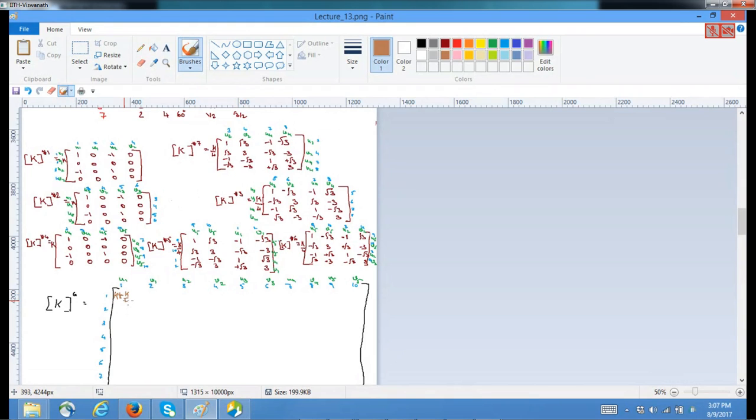Let me take k outside from all the things, so that makes my life easier. So this is 1 plus 1 by 4. I will take 4 also outside as common, so it makes my life even easier. So this will become 4 plus 1, and this one is u1 times v1, this is root 3.